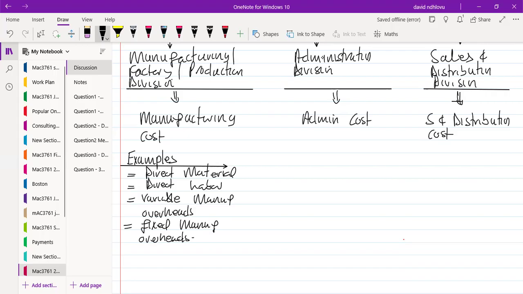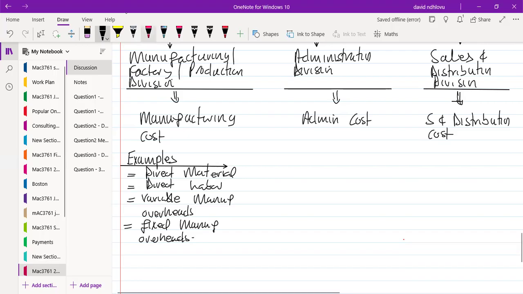Obviously, if you are manufacturing, there must be an input of material. So we have what we call direct material. I will explain it later. We have also what we call direct labor. There is someone who is working in that particular environment. Even if they are machines, there is usually a little bit of human intervention. Then we have variable manufacturing overheads, and then we have fixed manufacturing overheads.